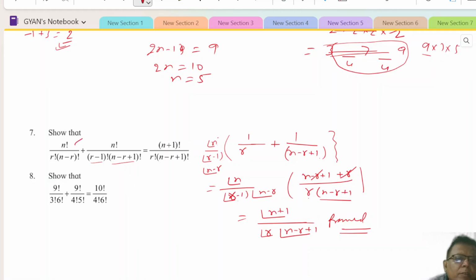This is a very important formula that we'll discuss later.